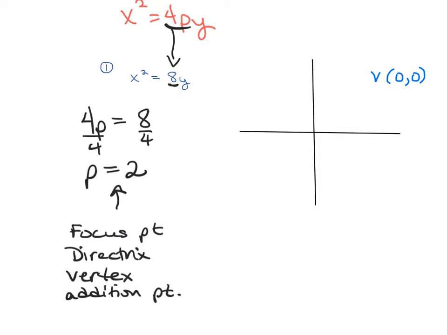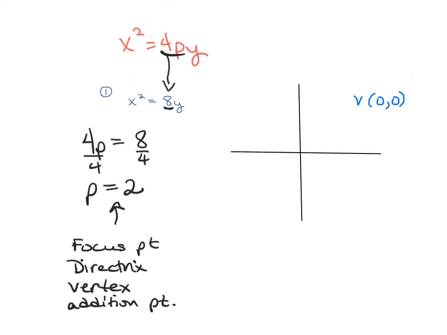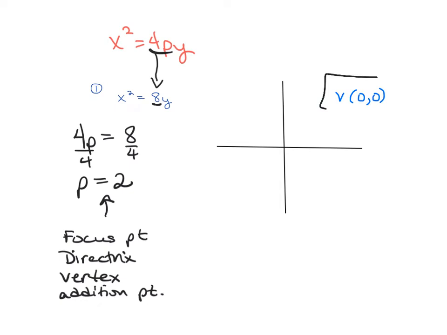A lot of times it's easy to find the x and the y intercepts. That's only going to work when our vertex is not at 0, 0, because obviously then that's going to be our x and our y intercept. So for this problem, notice my vertex is going to be at 0, 0. So I've already found that part of the problem.